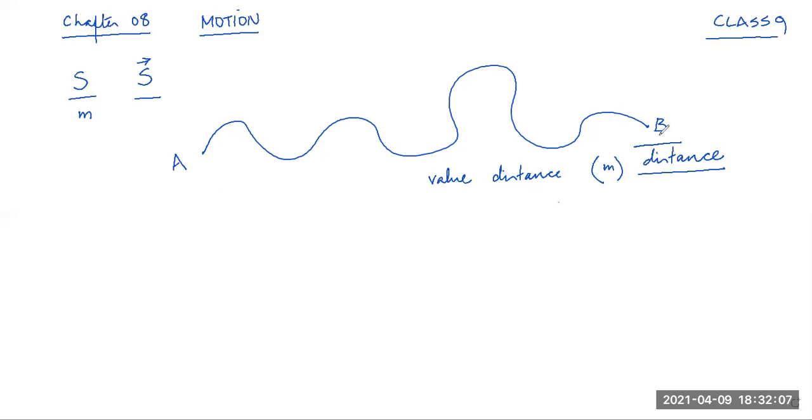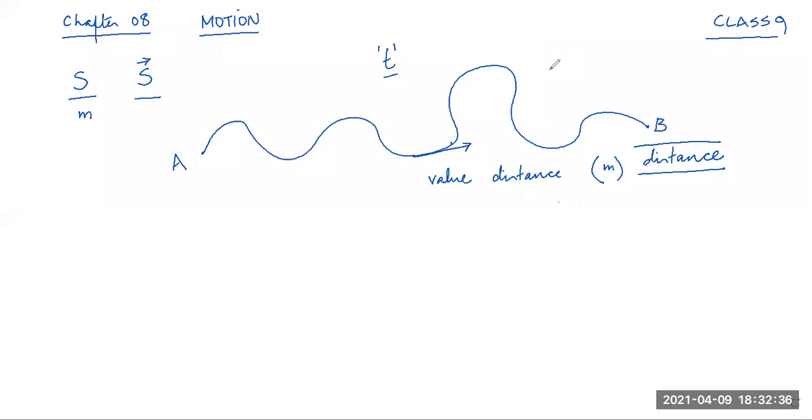We can say the person is going in this direction at this point, but as he reaches this point, his direction changes. So for the entire path, we cannot define any direction for this person from A to B. Let us say this person covers the distance A to B in time t.